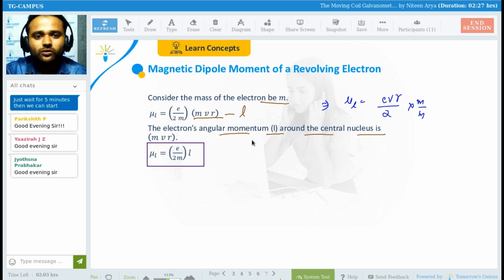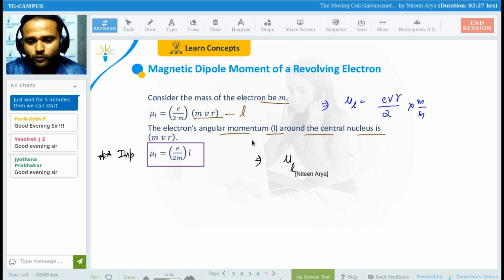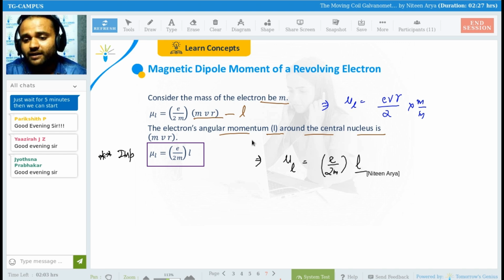Okay. From this particular formula, if you know the angular magnetic dipole moment mu L, you can directly find e upon 2m times L. So you can directly find L, the angular momentum. How?